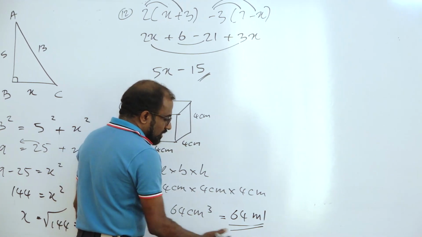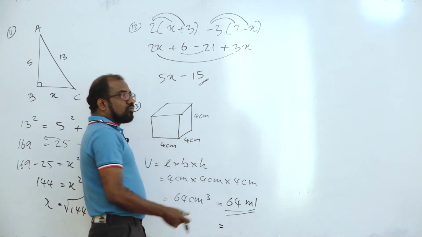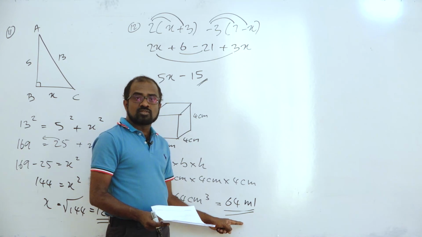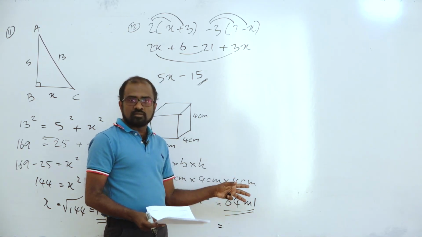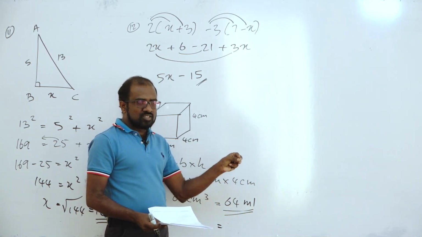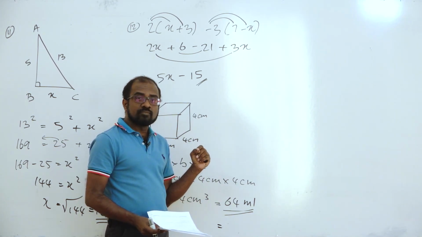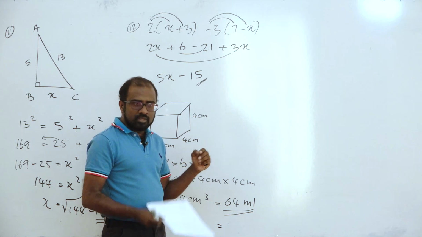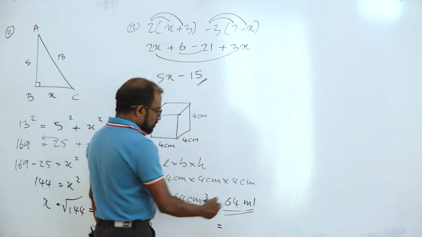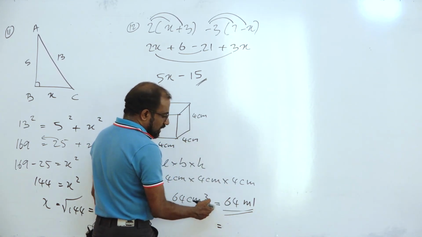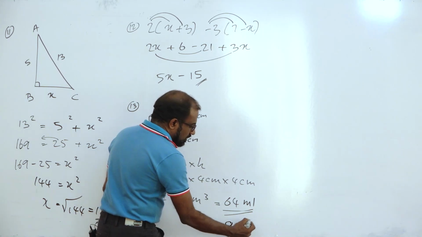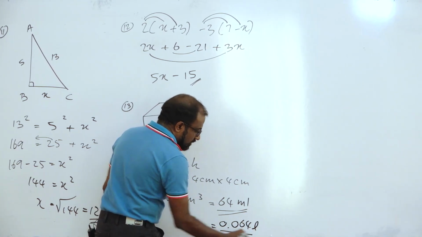Then you are asked to convert this into liters. When you convert milliliters to liters, we divide by 1000, because 1000 milliliters make 1 liter. Dividing by 1000, how many decimal places should we keep? 3 decimal places. So what is the answer? 1, 2, 3, that is 0.064 liters.